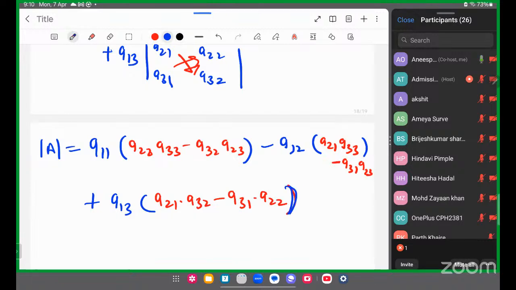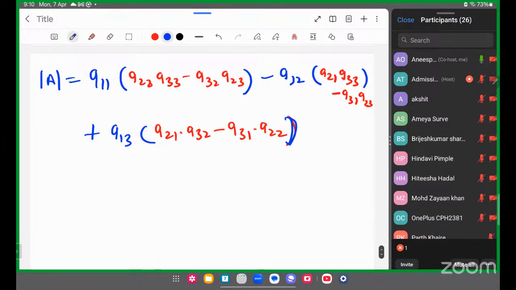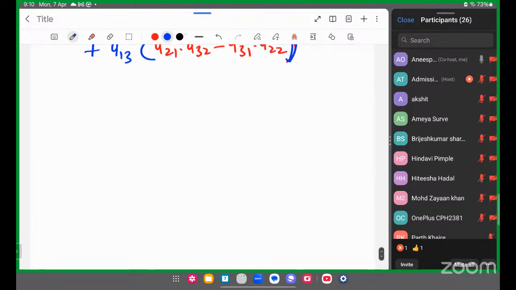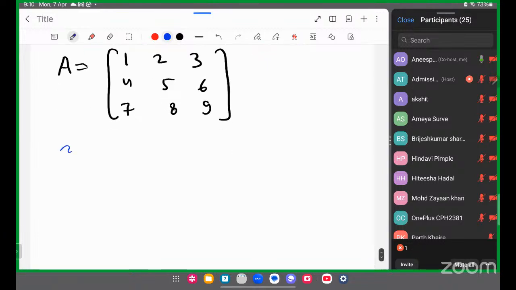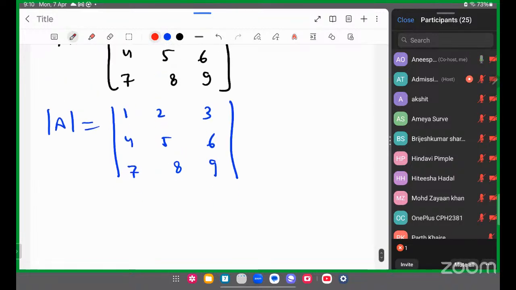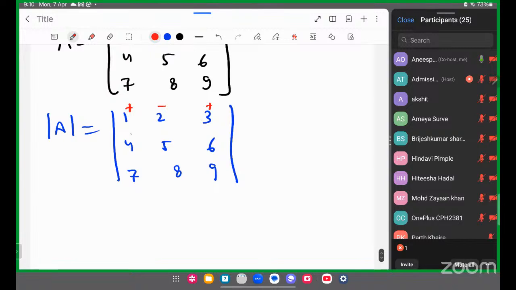Are you getting how to solve a 3 by 3 matrix for determinant? Okay. Let's find out the determinant of matrix A, which is 1, 2, 3, 4, 5, 6, 7, 8, 9. The convention will be plus, minus, plus, minus, plus, minus, plus, minus, plus.